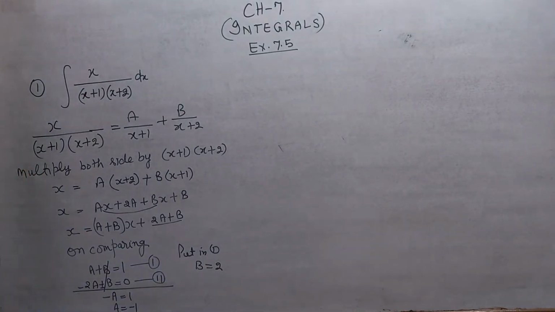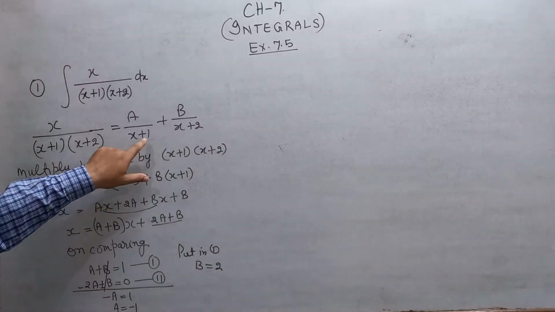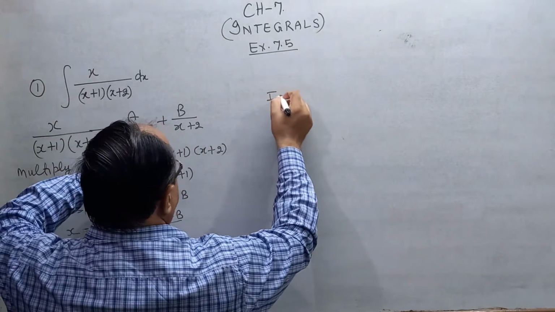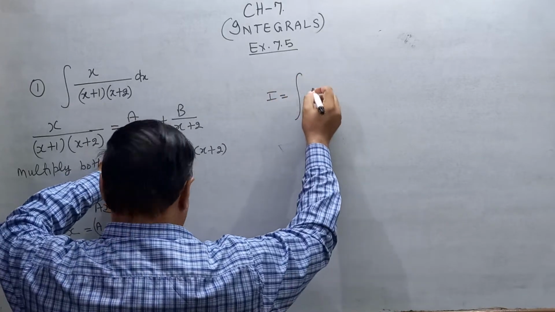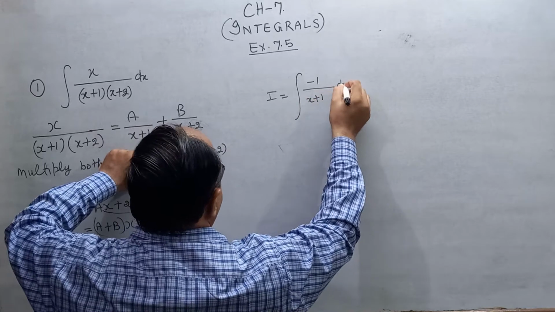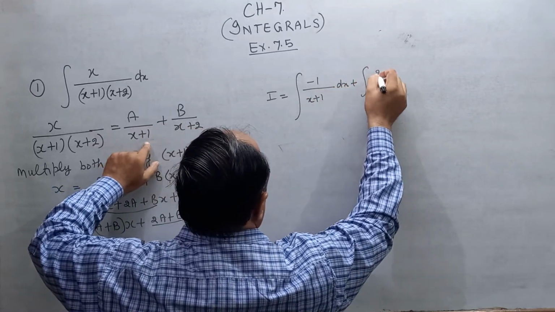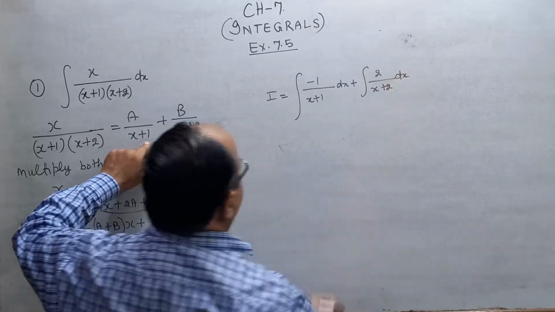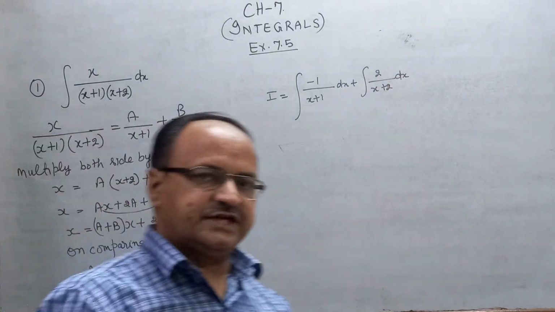Therefore b is equal to 2. Now put the value of a and b here. Therefore on integration, a times minus 1 upon x plus 1 dx plus b times 2 upon x plus 2 dx. Put the value of a and b, then integrate.